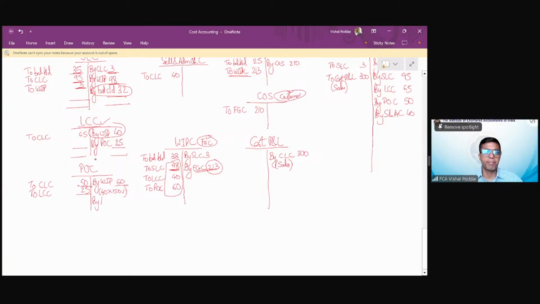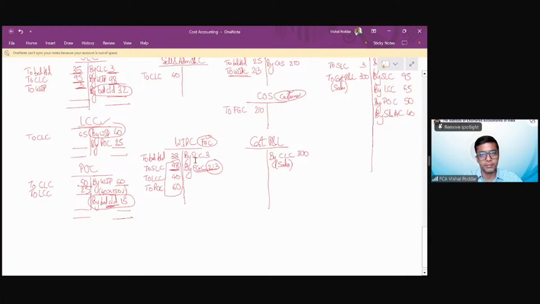So by balance carried down, the difference is 15. This account is also tallied. I repeat again, I am doing this specifically in this question because they have asked me to carry forward. Had this not been mentioned in the sum, I would have transferred it to the P&L account.